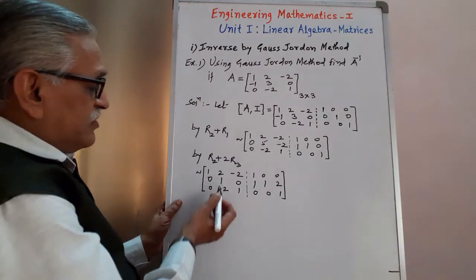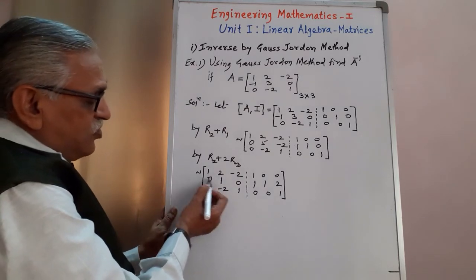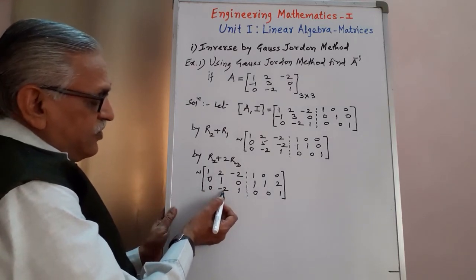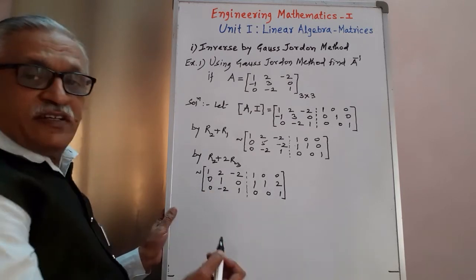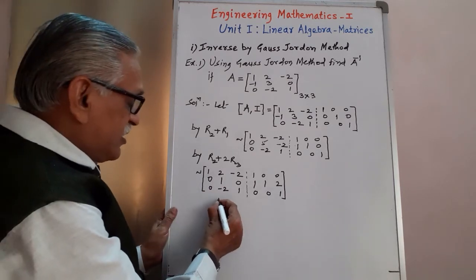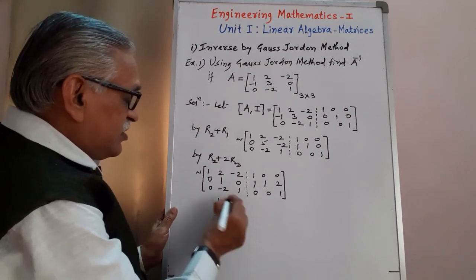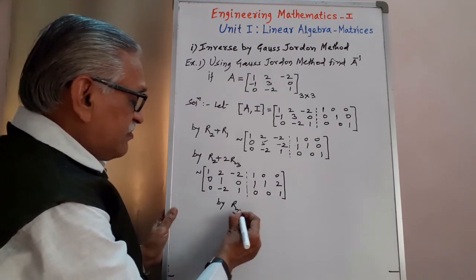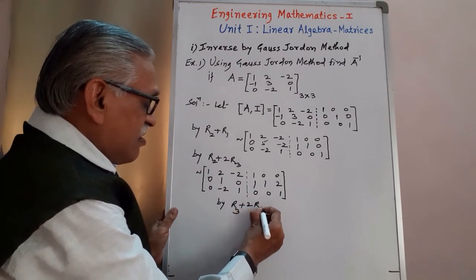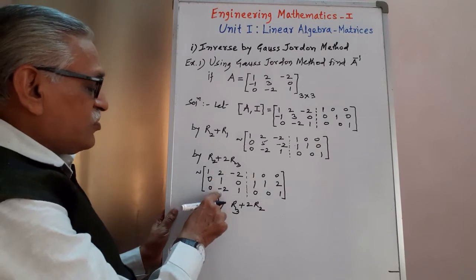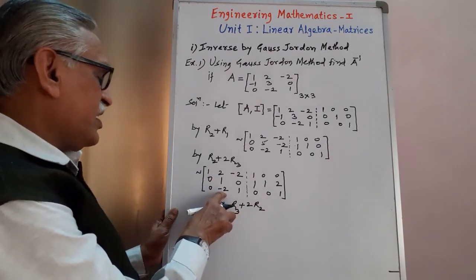Then, after getting that second diagonal element 1, using this row we have to convert the element below it to 0. Minus 2 plus 2 we get 0, and therefore the required transformation is, this is in the third row, therefore R3 plus 2 times R2. Using the second row, we get the required 0 here.